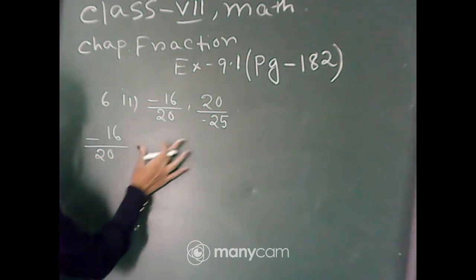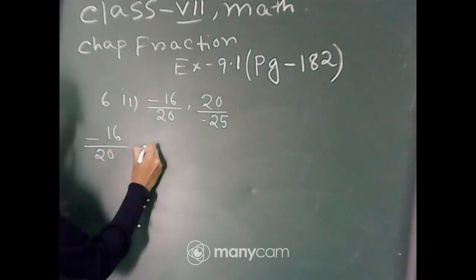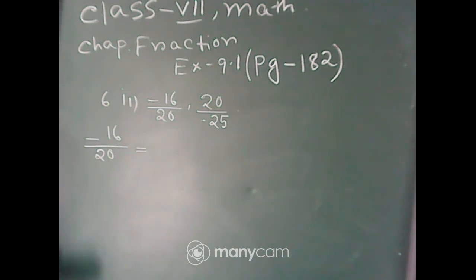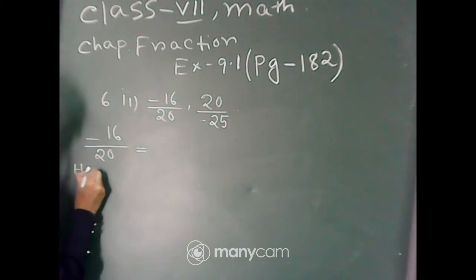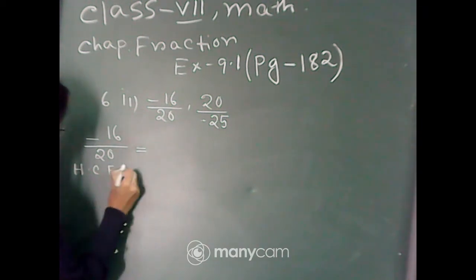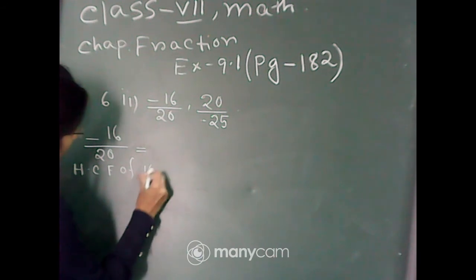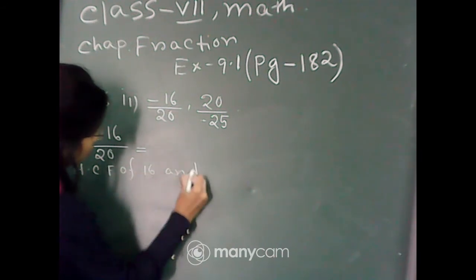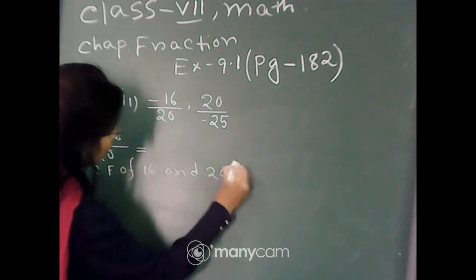Here we see that the denominator is positive and the HCF of 16 and 20 is 4.